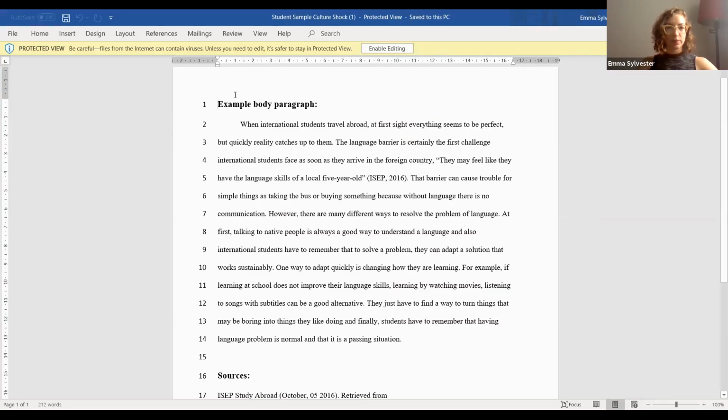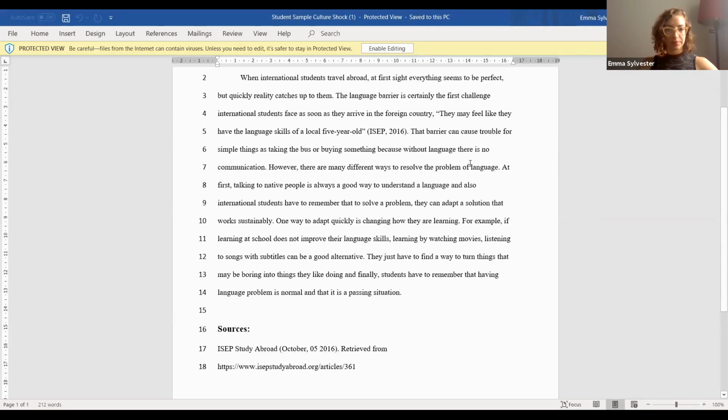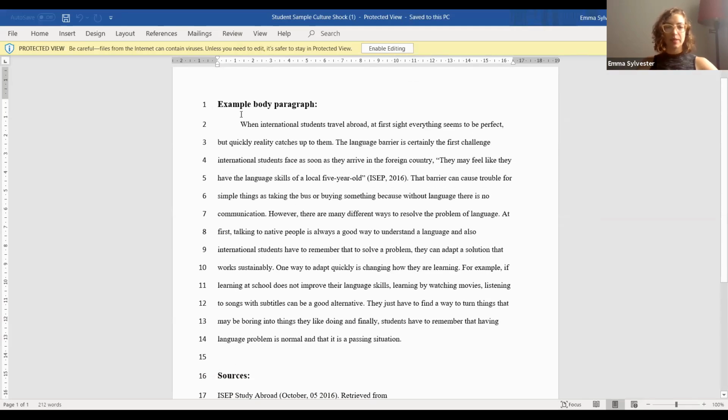So this is what it looks like here. We just have an example body paragraph. I'd like you to read through it on your own. I'll actually read it out loud. And then take a couple minutes just to make some notes. Once I've read it out loud, I'm going to put you into some breakout groups. But what I'd like you to do is go through and make some notes on a separate piece of paper of how you might provide your peer with some feedback here, what you might say, what you might identify as places for improvement.